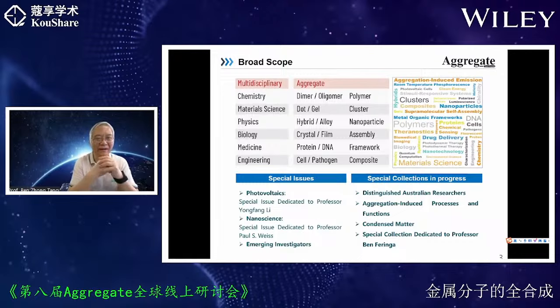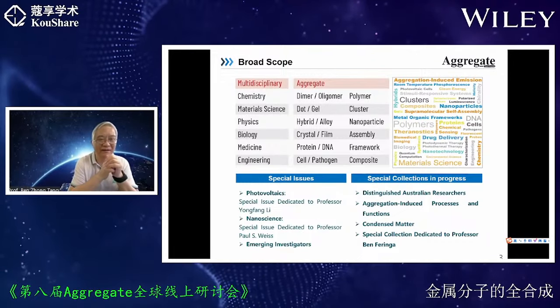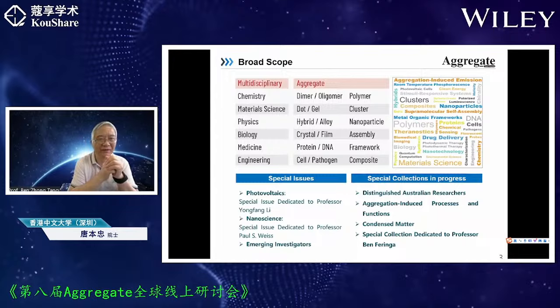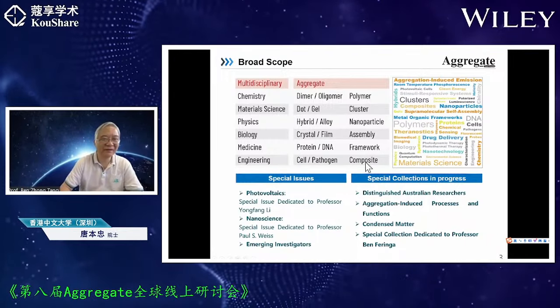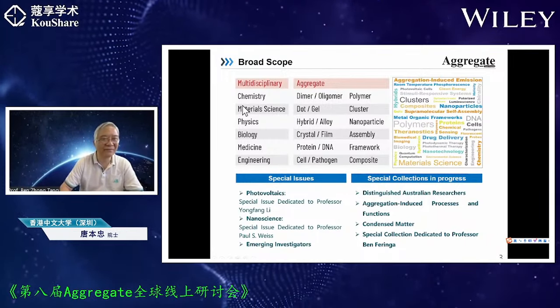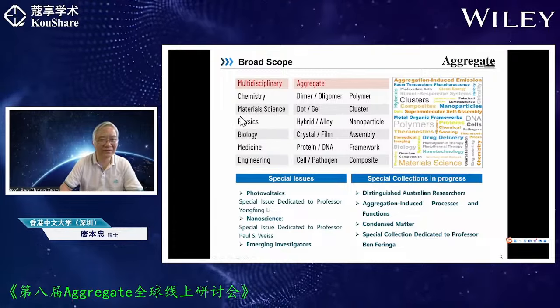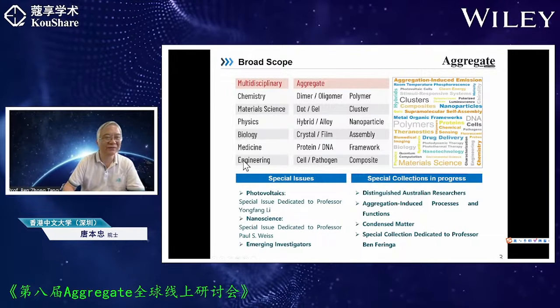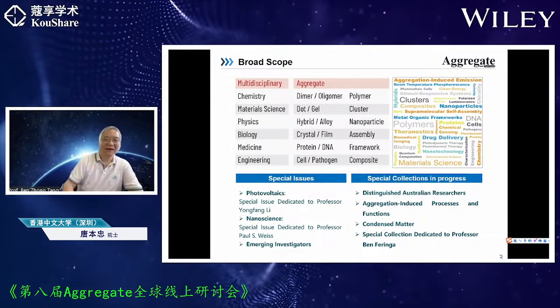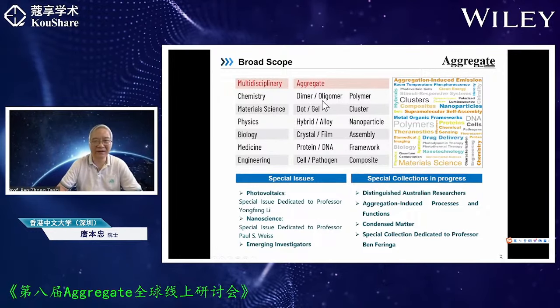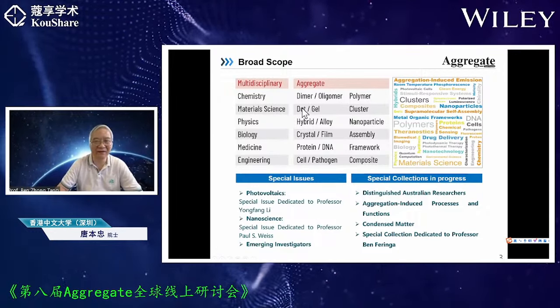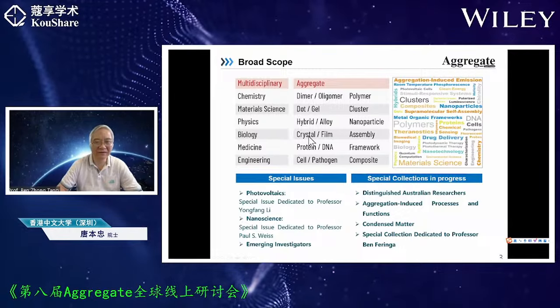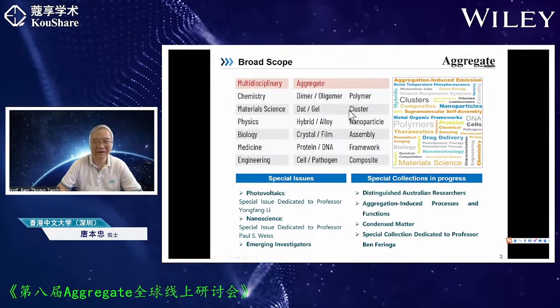Aggregate science has a very broad scope, so the area is multidisciplinary. It involves chemistry, material science, physics, biology, medicine, engineering, and so on. In terms of aggregates, you can have many different things: dimers, oligomers, polymers, dots, gels, clusters.